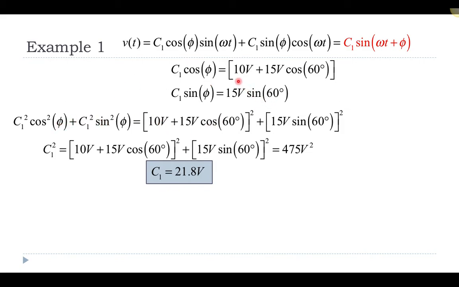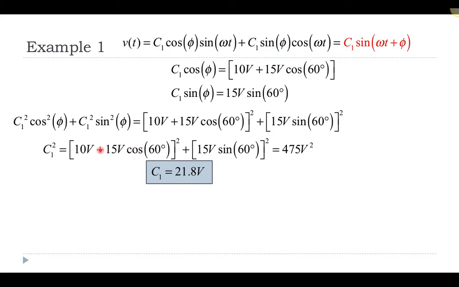That's going to have to equal this term, 10 volts plus 15 cosine of 60, squared, plus 15 sine of 60 squared. I can factor out the C1 squared, and I end up with cosine squared plus sine squared, but I know that cosine squared plus sine squared is equal to 1. So the left side of this expression just becomes C1 squared.